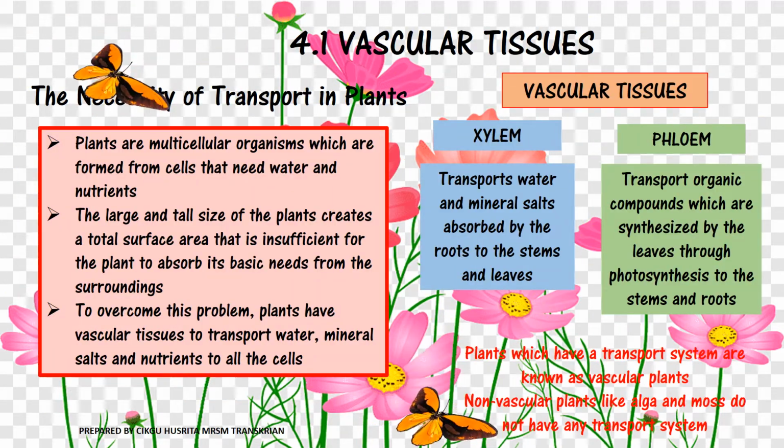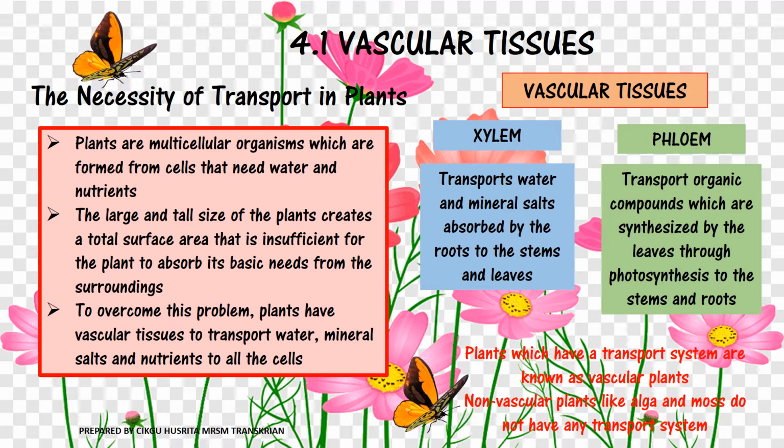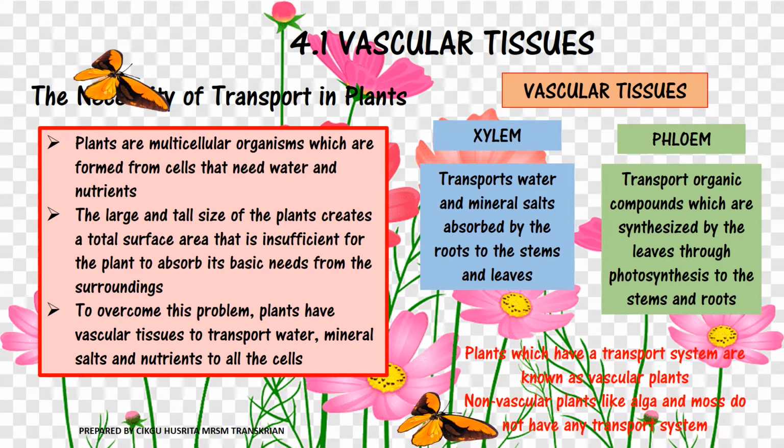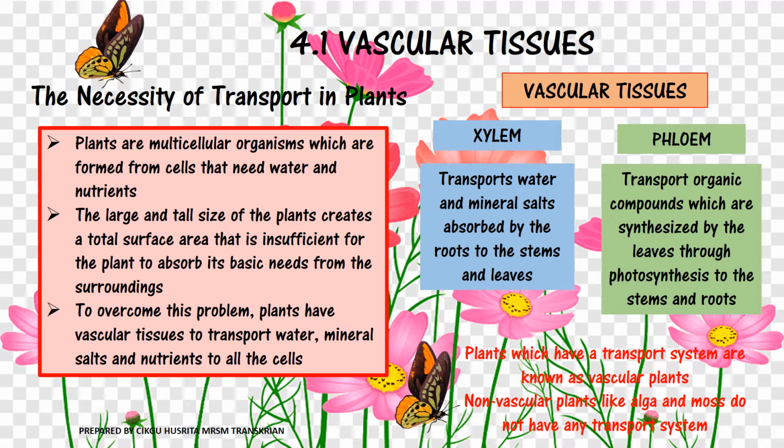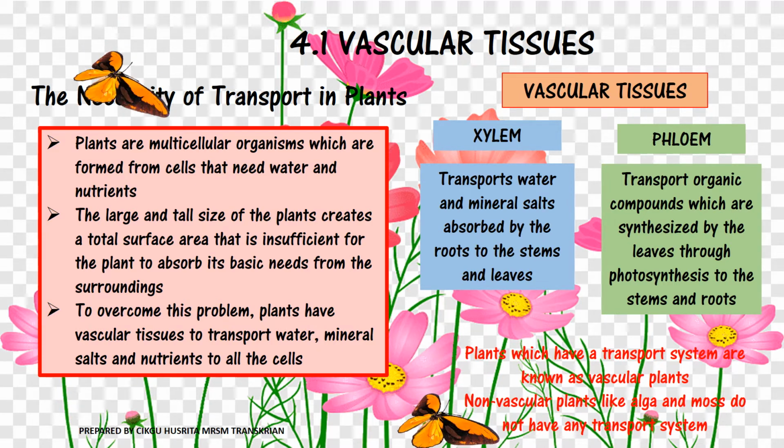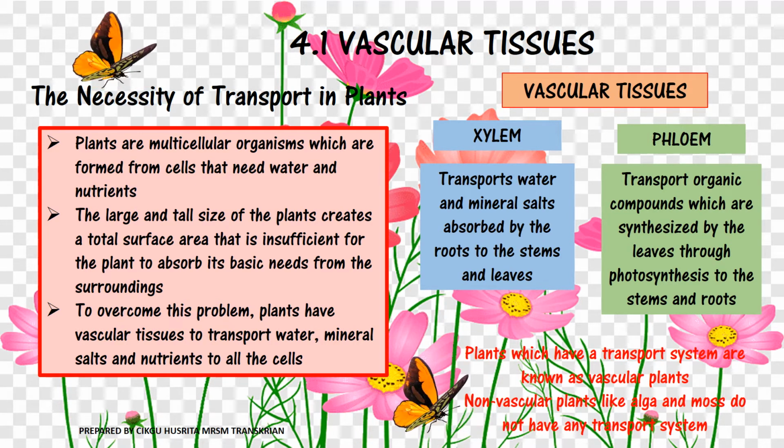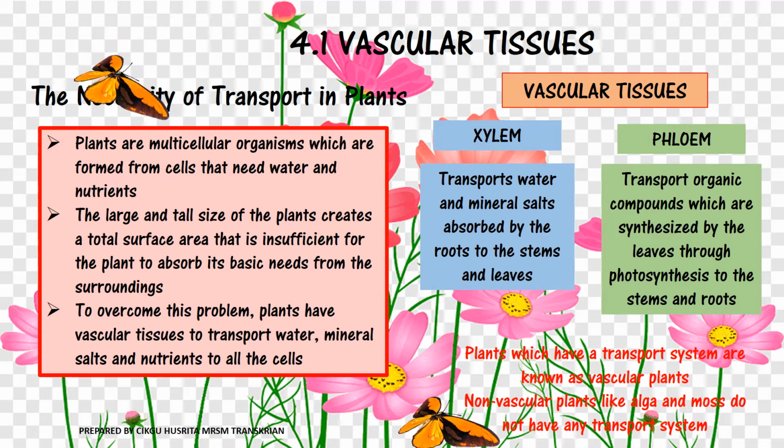Okay, vascular tissue. You have learned about transport in human and animal in Form 4. So today we continue with the transport in plant. Plants are multicellular organisms which are formed from cells that need water and nutrients.